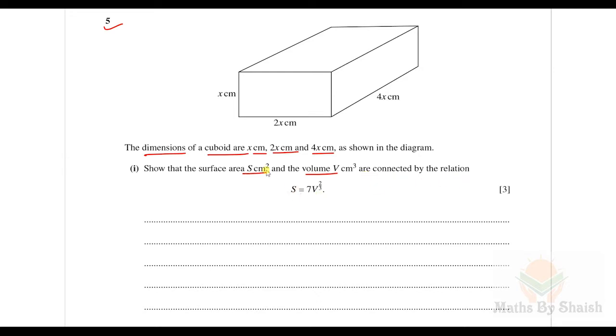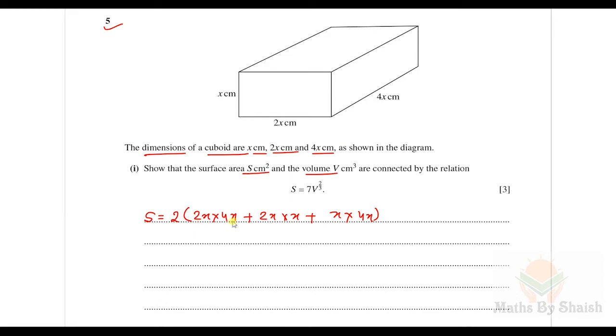So first of all, we'll find S, the surface area. We know the surface area of a cuboid is 2 times (lb + bh + hl). So it is 2 times (2x into 4x plus 2x into x plus x into 4x).